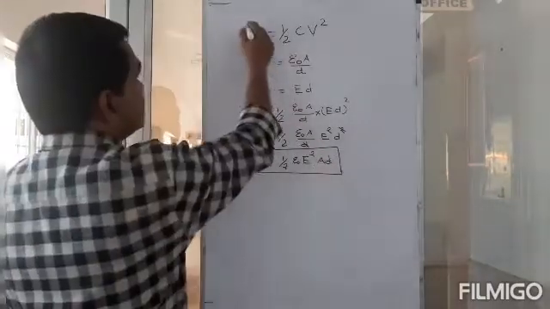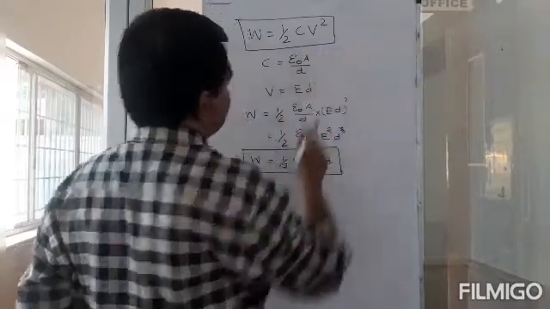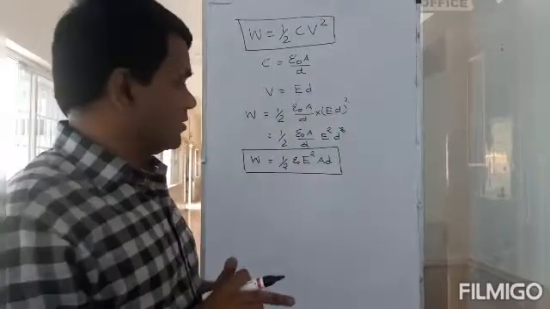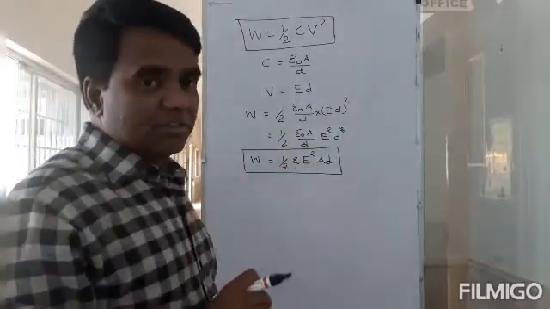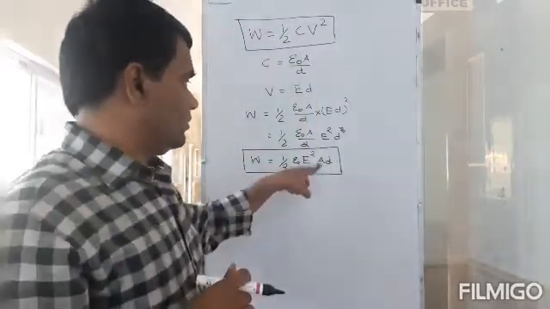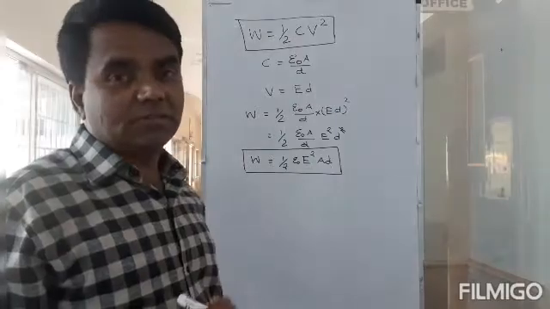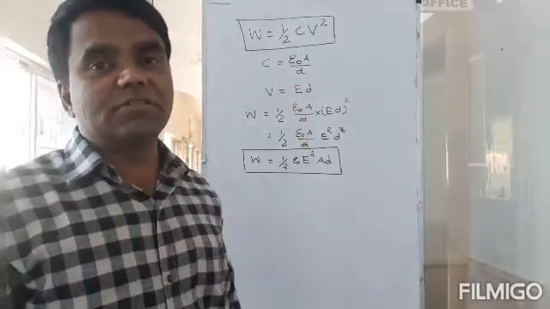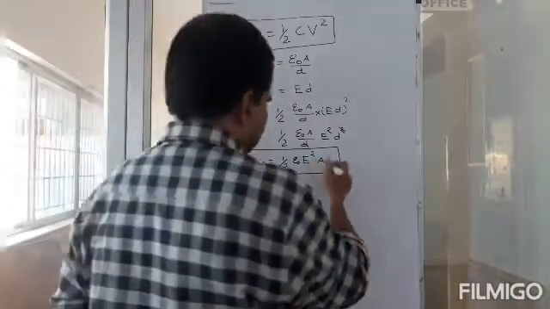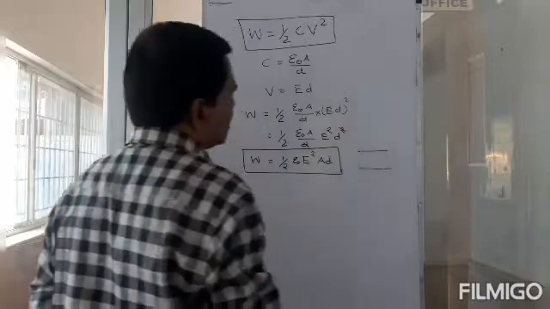So same as this, except that this is expressed in terms of the capacitance and the voltage across the capacitor, but here it is expressed in terms of the electric field inside the capacitor, multiplied by the area and the distance of separation between the plates. And if you just think about it, I have this capacitor.